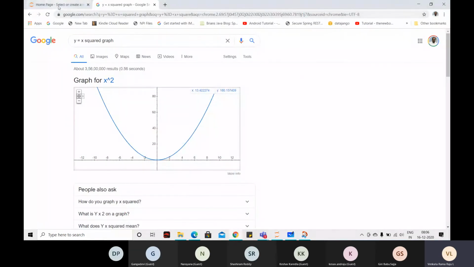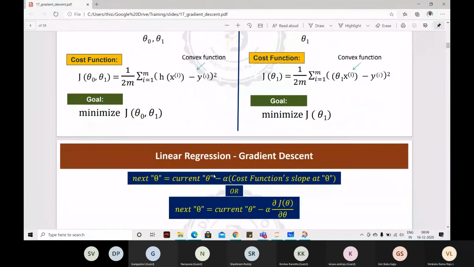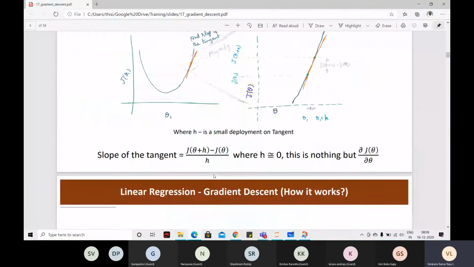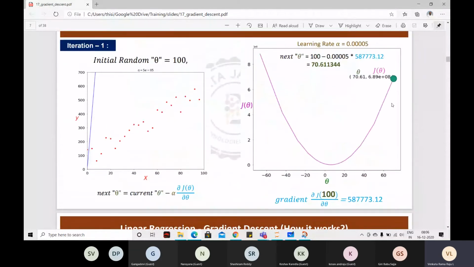So let me go back to that time. So if you come here at 100, we had some slope. Okay, we used that slope at 100.